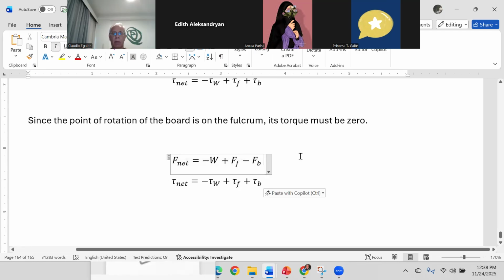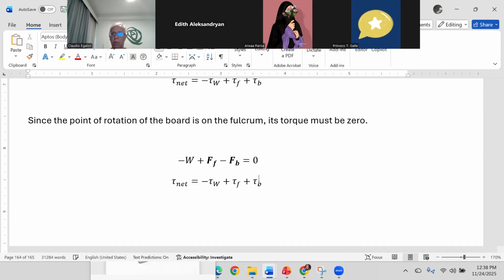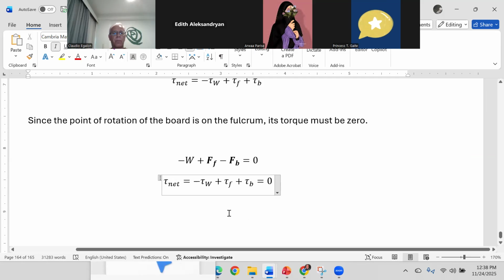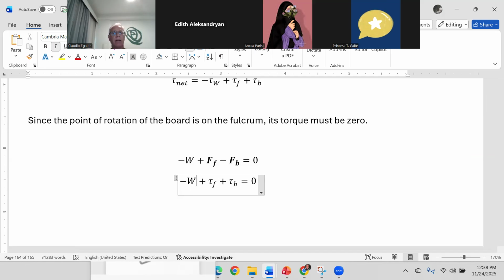Okay, so here you go. I'm going to put it equal to 0. We have W. W was given. What is not known is this guy here, this guy and this guy. This one also is going to be 0. The torque of the diver is going to be the weight of the diver times the distance that the diver is from the fulcrum.